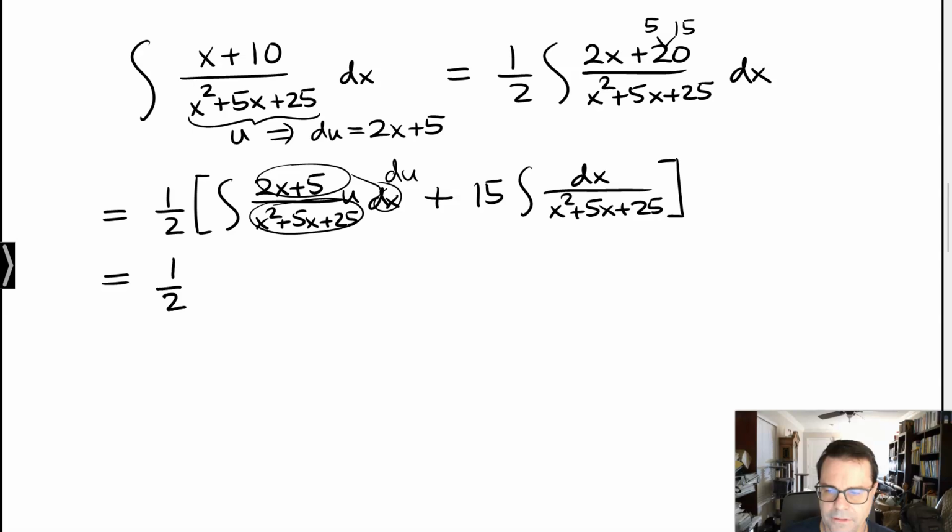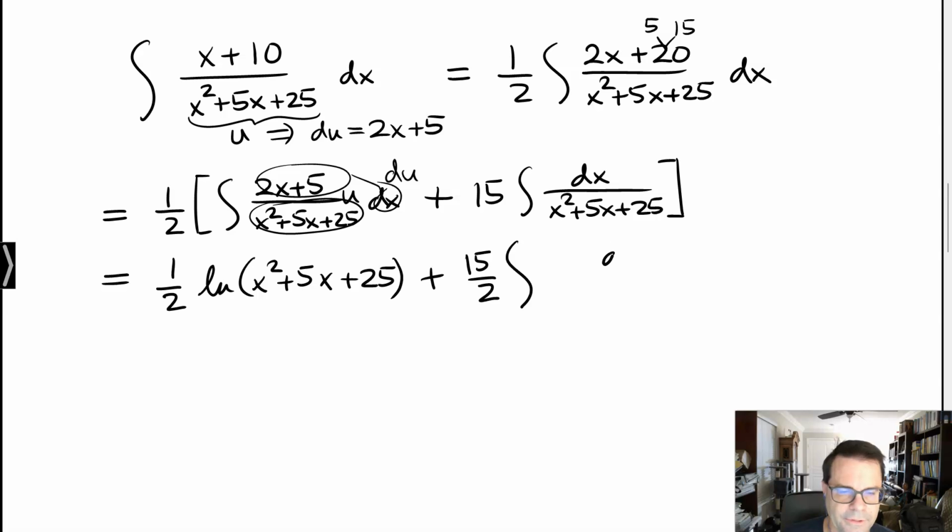So we know that this is going to be natural log x squared plus 5x plus 25. And you can always put the logarithms here in parentheses instead of absolute value because they're irreducible quadratics. They're always going to be positive. I'll distribute the 1/2. So we got 15 halves.